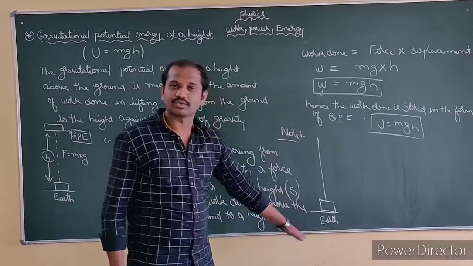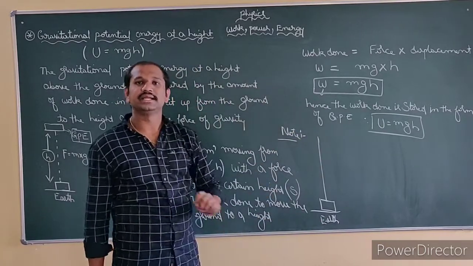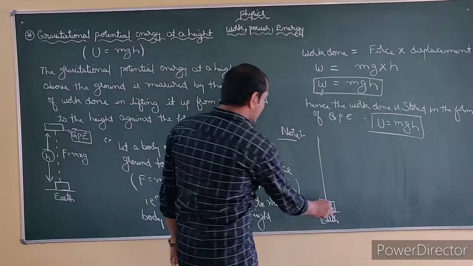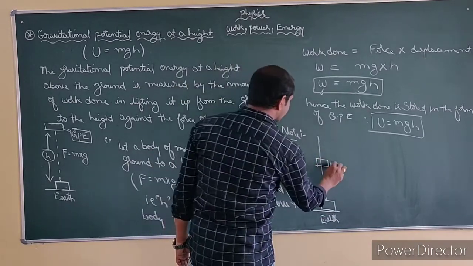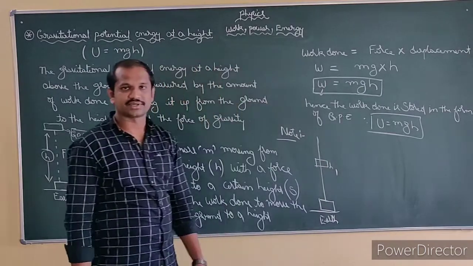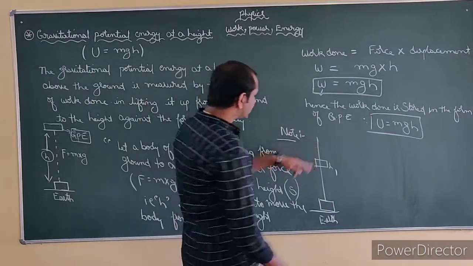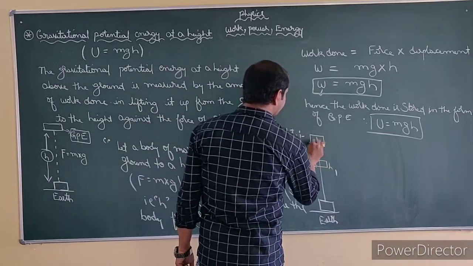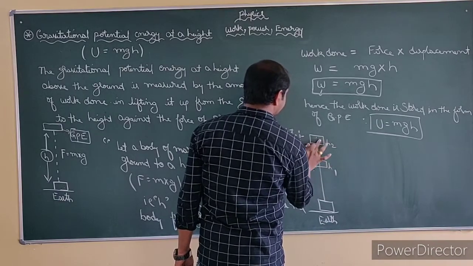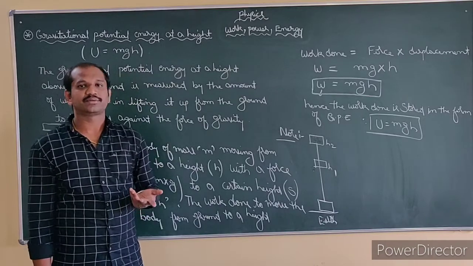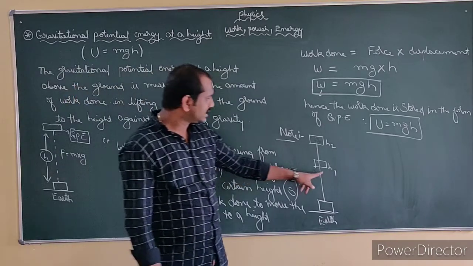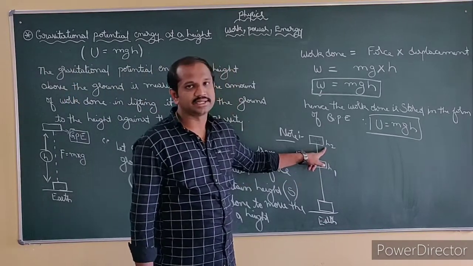When it is coming down, gravitational potential energy decreases. Think that a body has moved till here first, for example height h1. Then from here, again it has moved to here, this is h2. Here, how can we calculate the gravitational potential energy? This is initial and this is final.